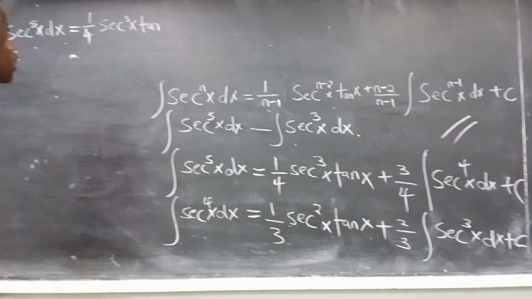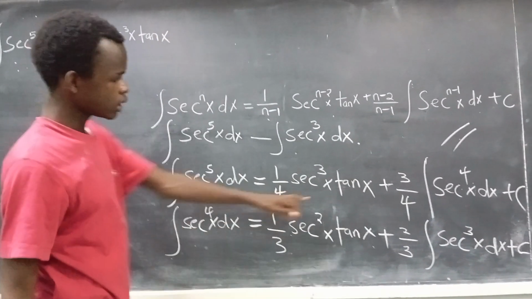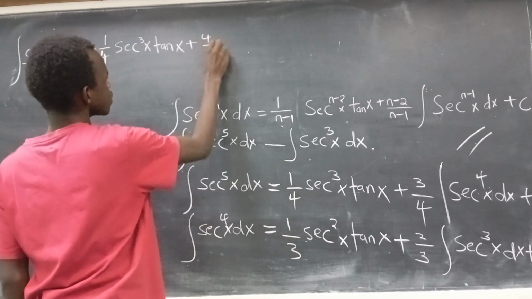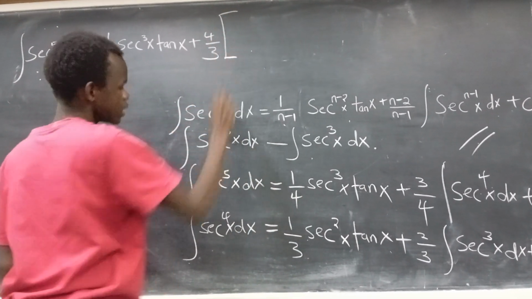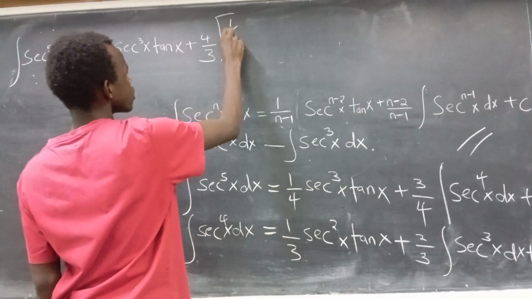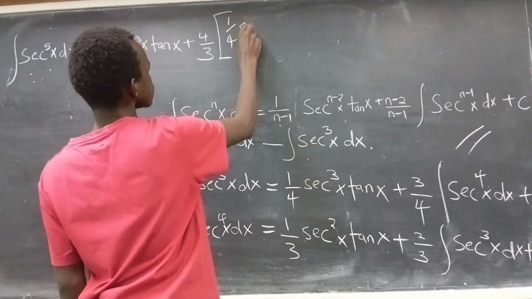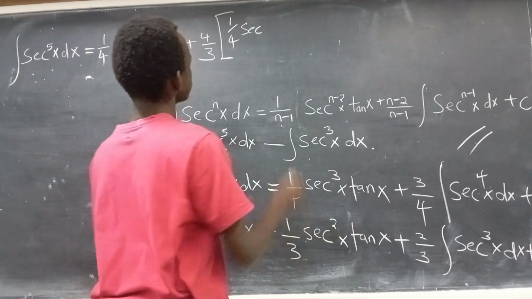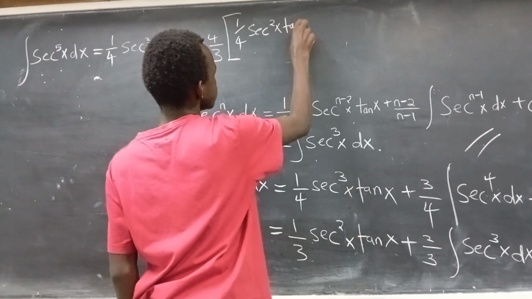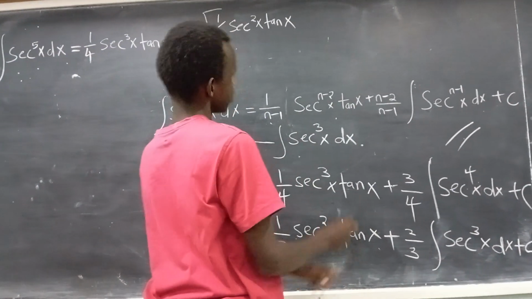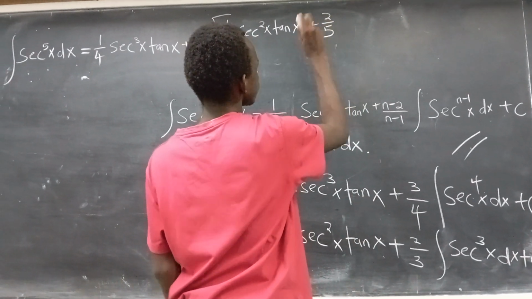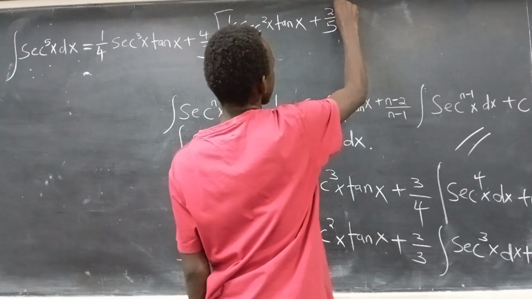Tangent of x, okay, I'm still here, plus 4 over 3, but now it's inside this part, so it's inside 1 over 4, secant squared of x tangent of x, plus 2 over 3 into now.